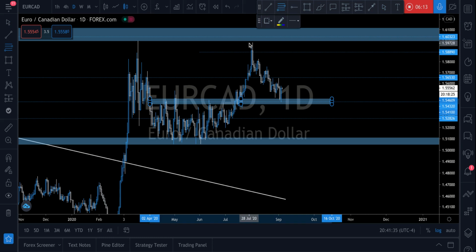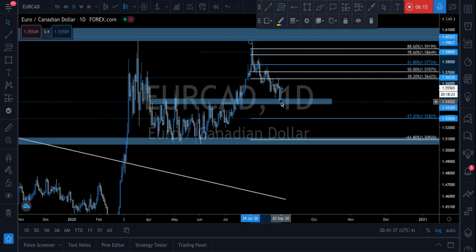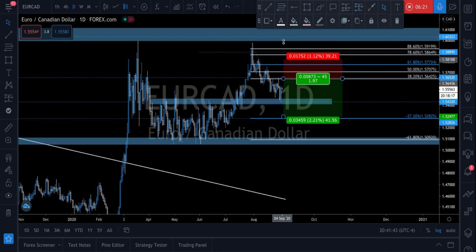Now, once again, this is more of an idea. I would like us to see at least a 38% retracement here, putting our stop loss just above this 60 level and our take profit down here. As you can see, it's a 3-to-1 risk reward ratio. We could even put it slightly above.